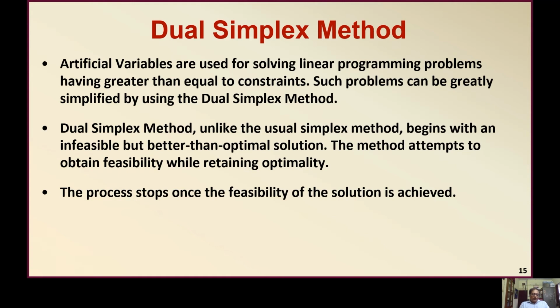So in the real world, when there are hundreds of variables and maybe hundreds of constraints, any insight that simplifies the problem helps in a tremendous manner. For example, if you look at a paint company, most paint companies try to produce different kinds of paints.